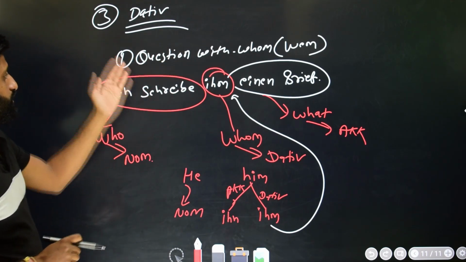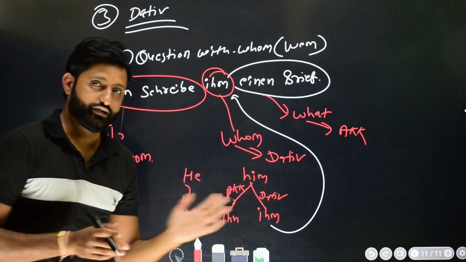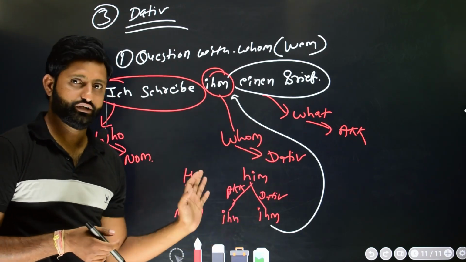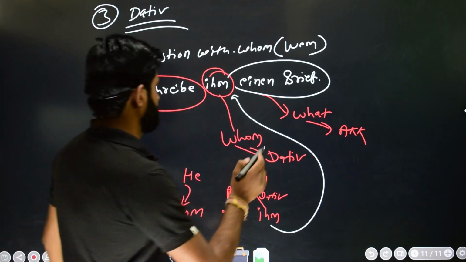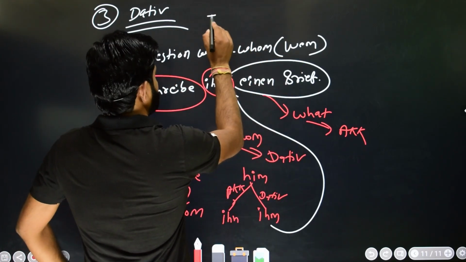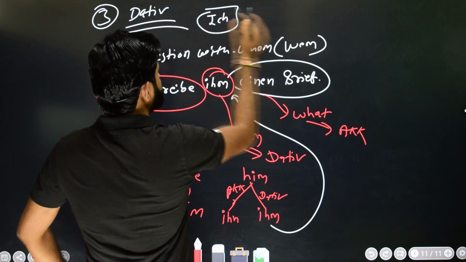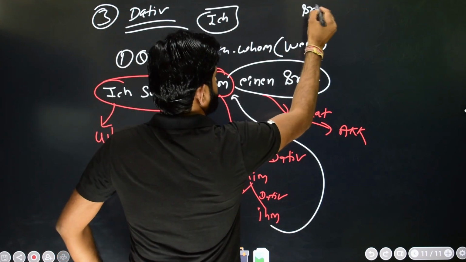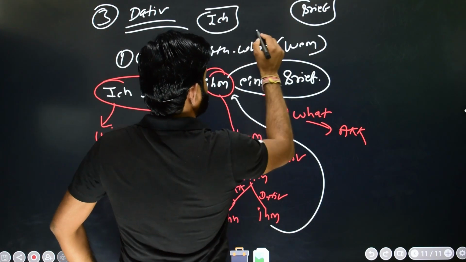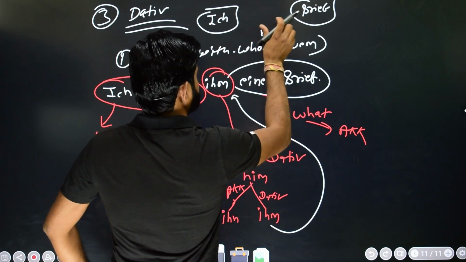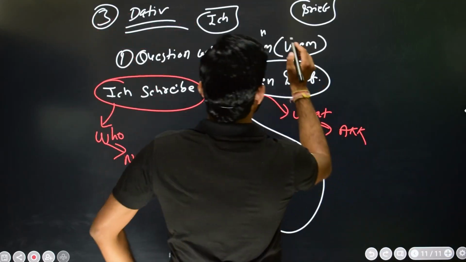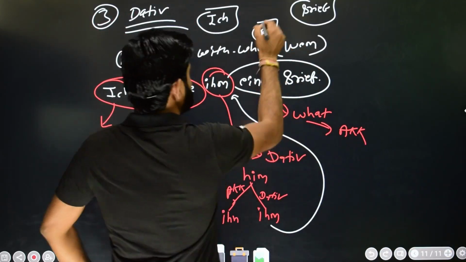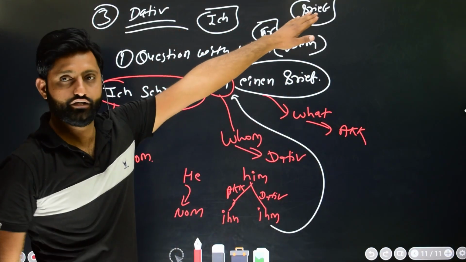Second was direct object or indirect object. Direct object is always accusative, that we have already learnt, and indirect object is dative. So how to identify the indirect object? This is me, ich. This is a letter that I am writing, and this is he, er. So there are three: ich, er, and Brief.